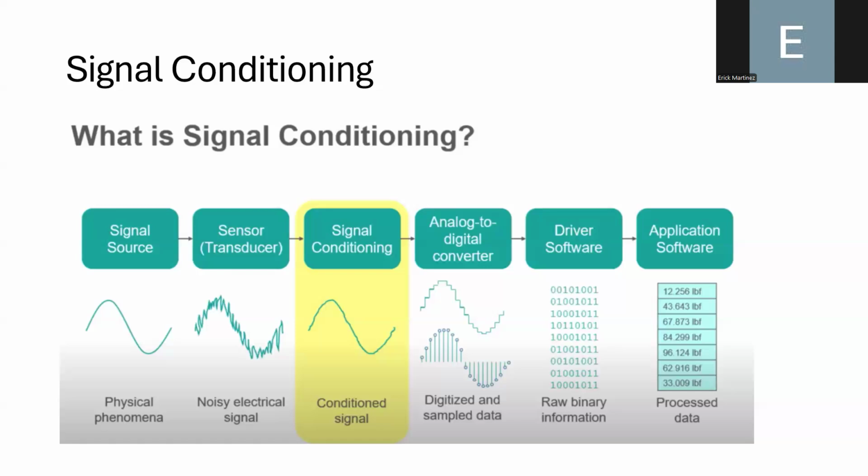Many computers, for example, the audio card of your computer, or the Arduinos, or any data acquisition system, use analog to digital converters to transfer the information from the physical sensor to the computer.